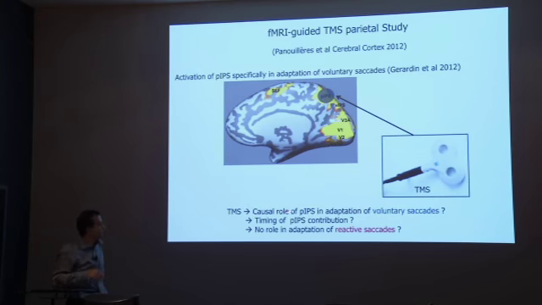The questions are indicated here. The third question was to check whether there is any role of this area for reactive saccades, despite the fact that we couldn't find any functional change in our fMRI study for reactive saccades.